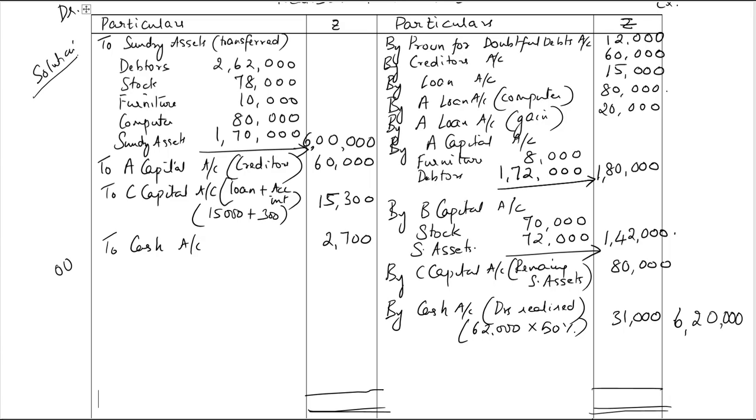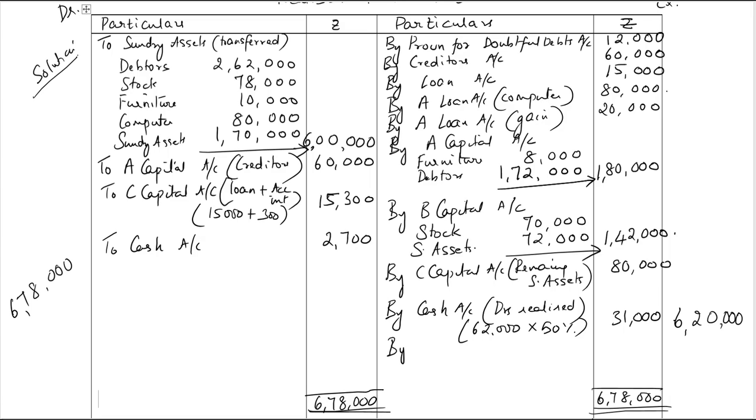The total of the debit side is 6,78,000 rupees. So the debit side is greater, 6,78,000 rupees on both sides.